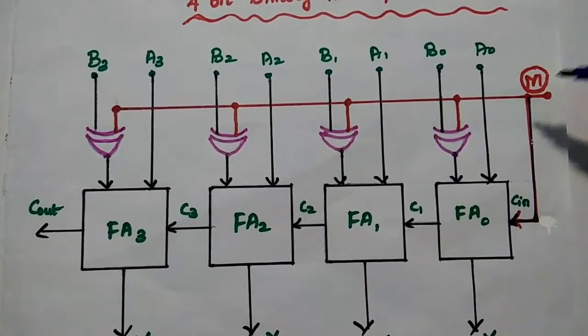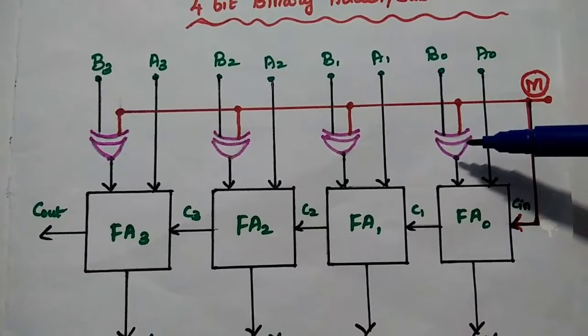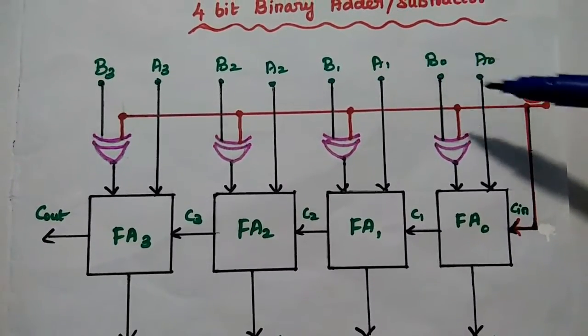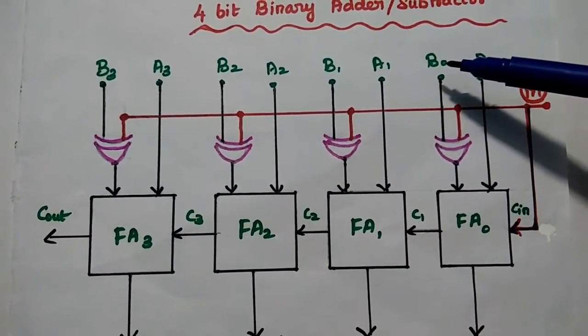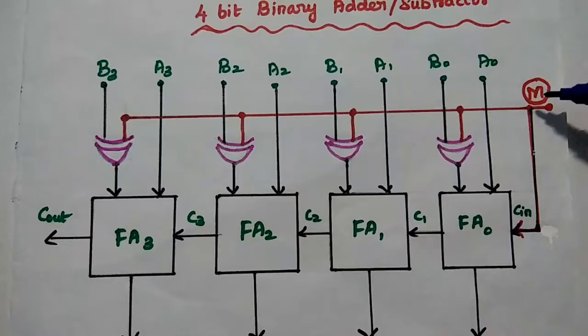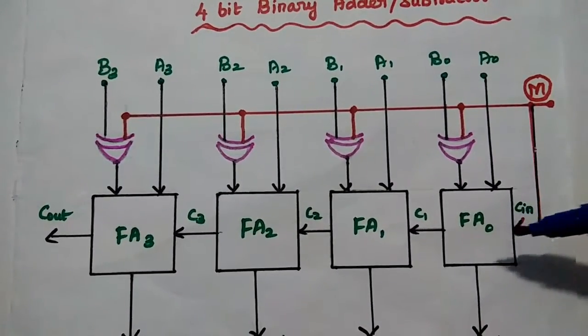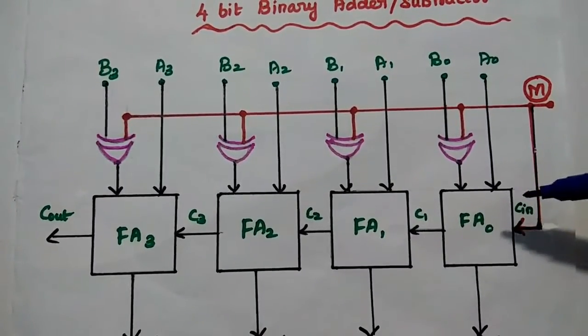If M is equal to 1, this XOR gate produces the complement of this B0. So A0 is given as such and we are giving the complement of this B, and this M value is equal to 1, which means this carry input is also 1 for this full adder. So it can perform subtraction operation.